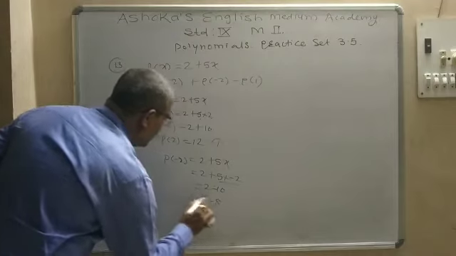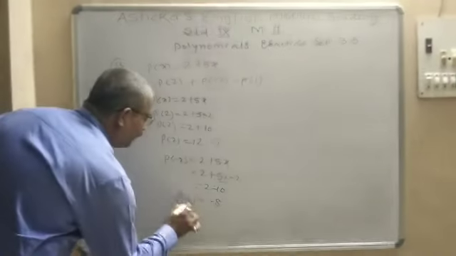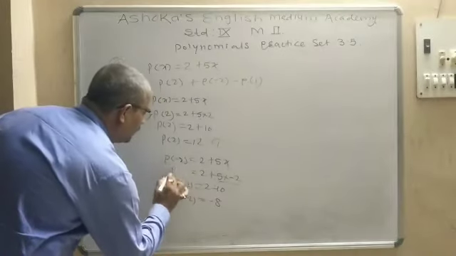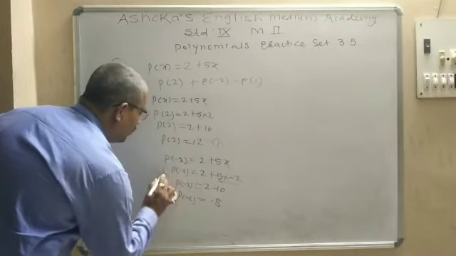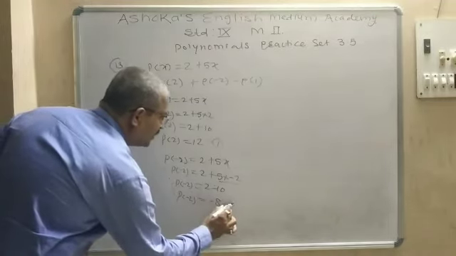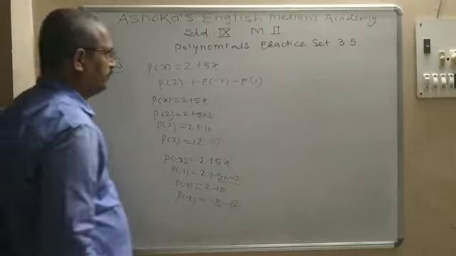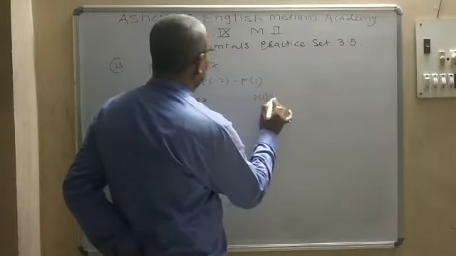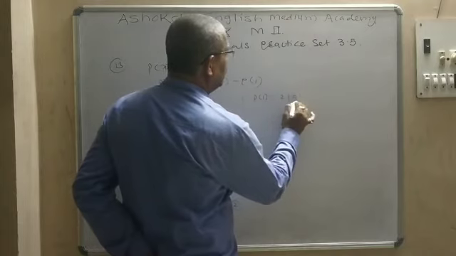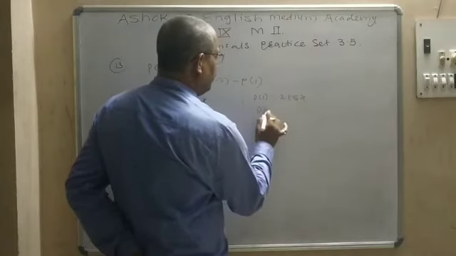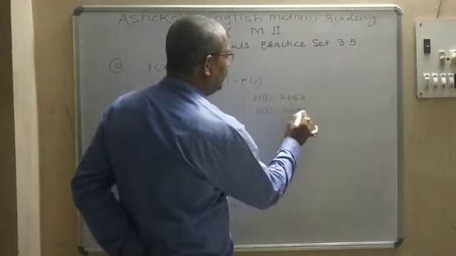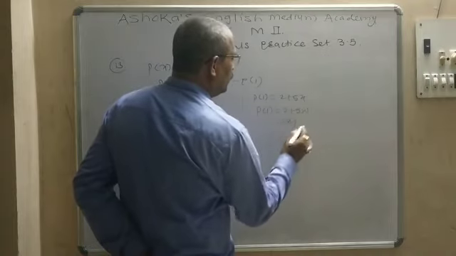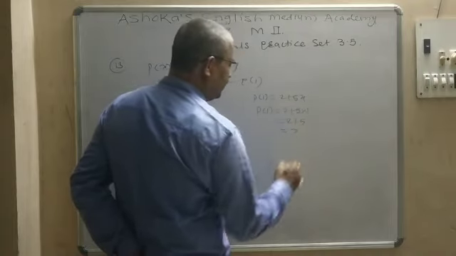You will get here minus 8. A reminder: when minus 2 is kept in the given polynomial, you will get minus 8. Now we should use P(1) is equal to 2 plus 5x. P(1) is equal to 2 plus 5 into 1. So 2 plus 5 is 7.